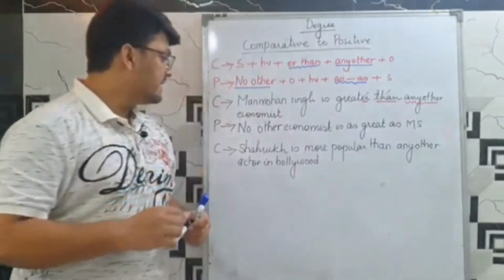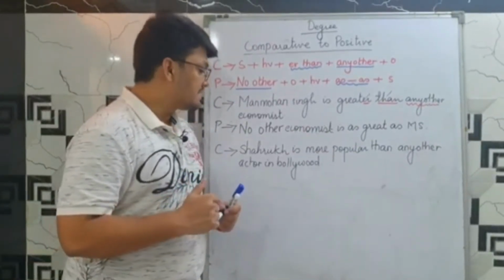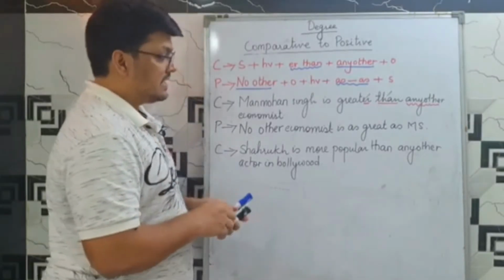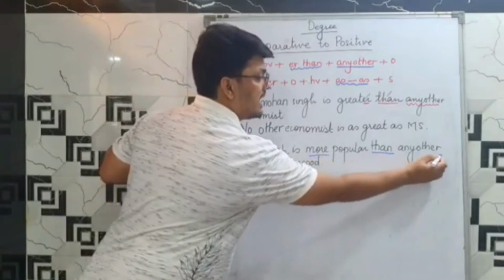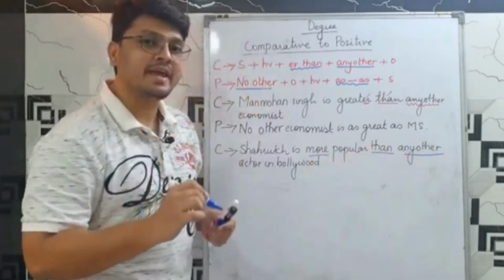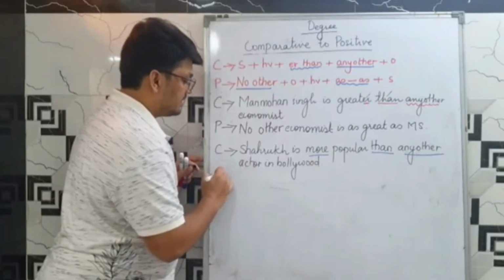Now let's take another example. Shah Rukh is more popular than any other actor in Bollywood. So students, the rule: you have to see that more than is comparative degree, with any other. When you see any other in comparative degree, begin positive degree with no other.